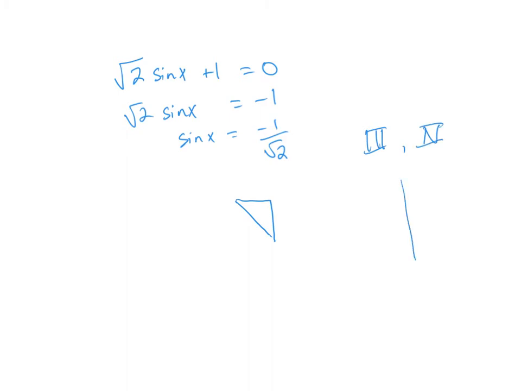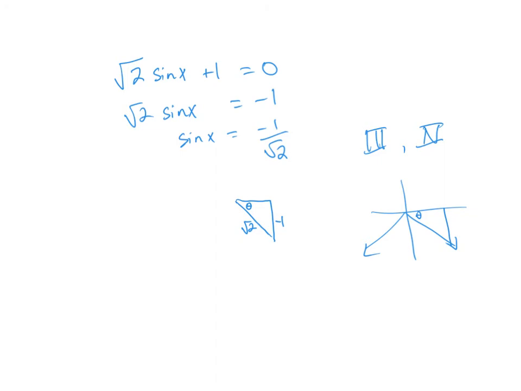It has to be one of these two angles right here. And so here, this would be my theta. My opposite would be -1 and my hypotenuse would be root 2. So I'm dealing with a 45, 45, 90 triangle.